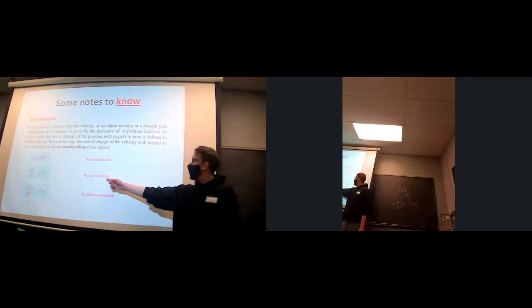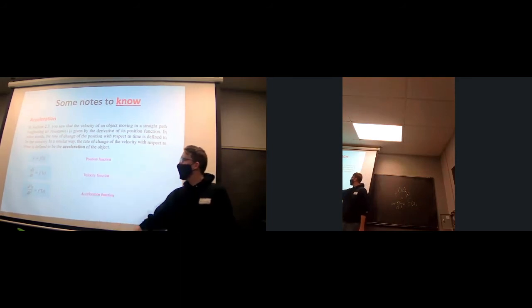So back to that point of acceleration, velocity, and position. The velocity function is your derivative of position. Acceleration function is the second derivative of position. So obviously this stuff is going to be useful, particularly to like physicists, chemists. There are some parts of econometrics that uses the second and third derivative.